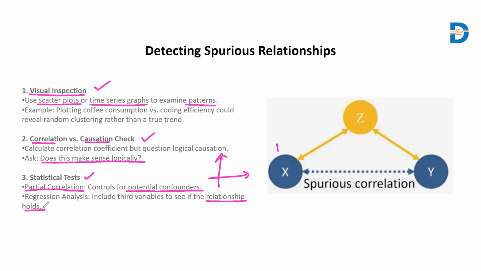We have ice cream sales with respect to shark attacks, so you check with respect to summer. When you check with the help of the third variable, if there is still a high correlation between ice cream sales and shark attacks, then they are genuinely correlated, or else they are each correlated to some other factors. Likewise, we can detect it. So there are three different ways to detect spurious relationships in data.